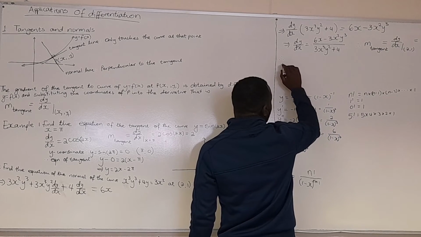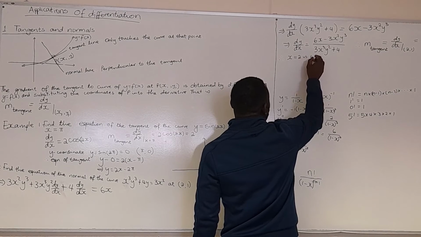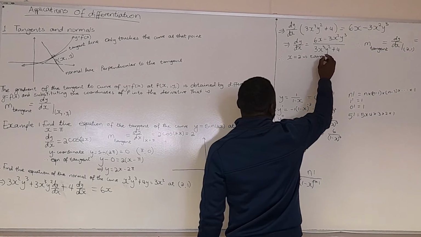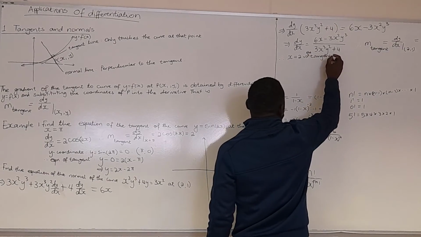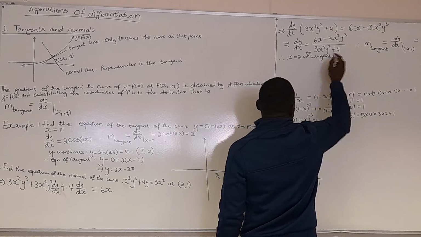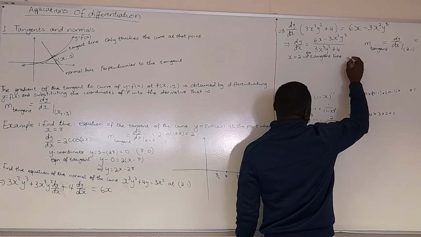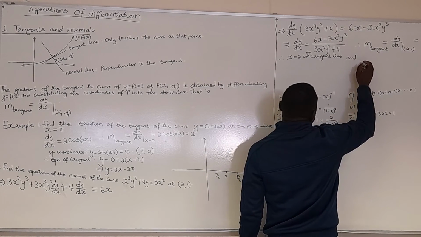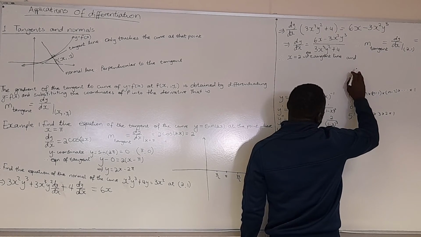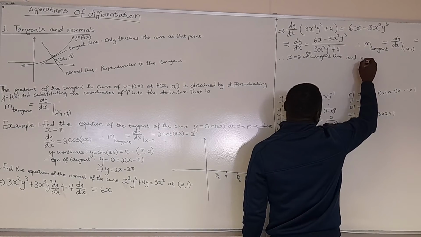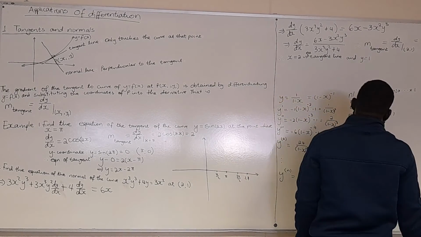So meaning that x equals 2 is the tangent. And then what is the normal? Equation of the normal is y equal to 1.